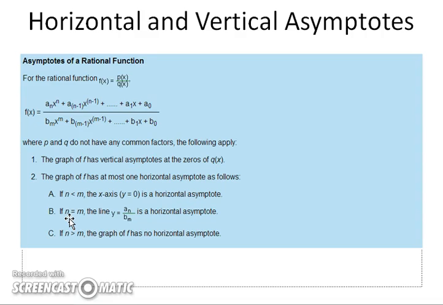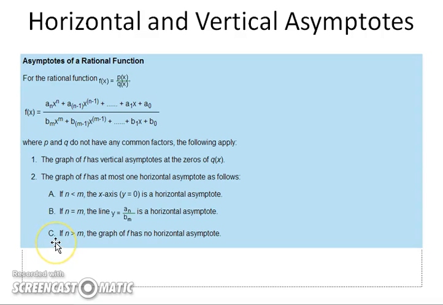Now, if they are the same, for example if both of these were cubic functions, then the line y equals a sub n over b sub m is the horizontal asymptote. In other words, the ratio of these two leading coefficients. That will be your horizontal asymptote.